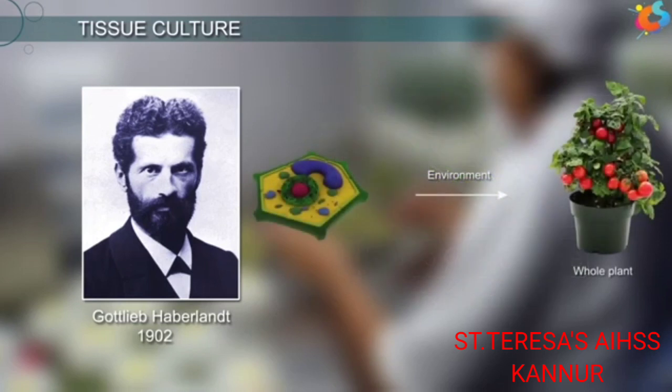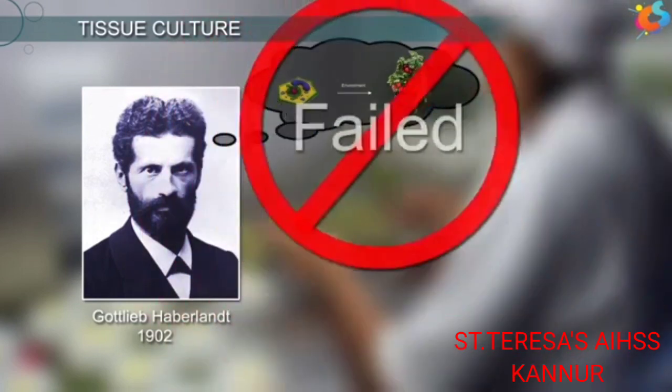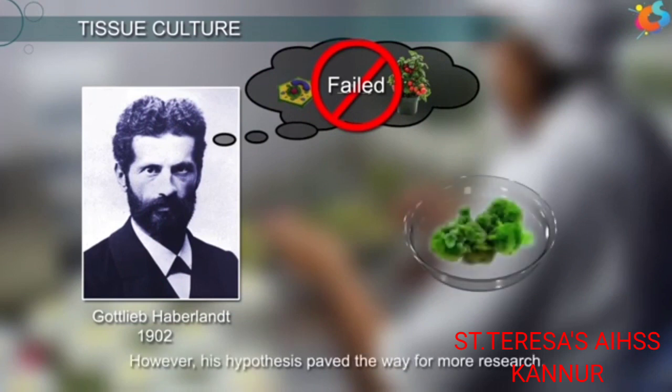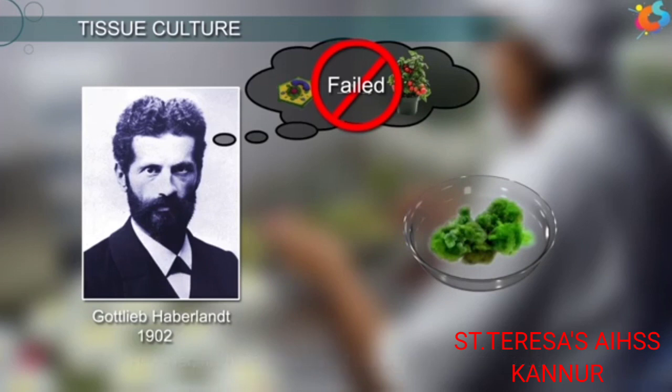Cells in his experiment increased in size but failed to divide, due to which his predictions failed. However, his hypothesis paved the way for more research. He is thus regarded as the father of tissue culture.